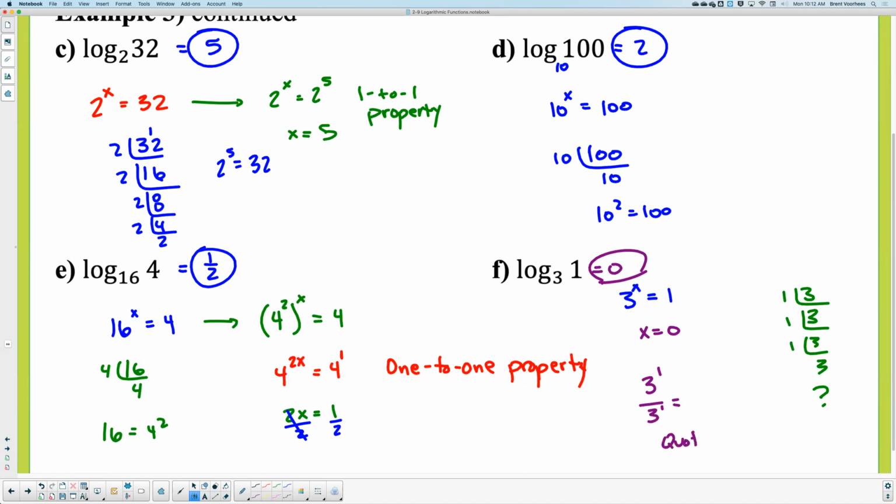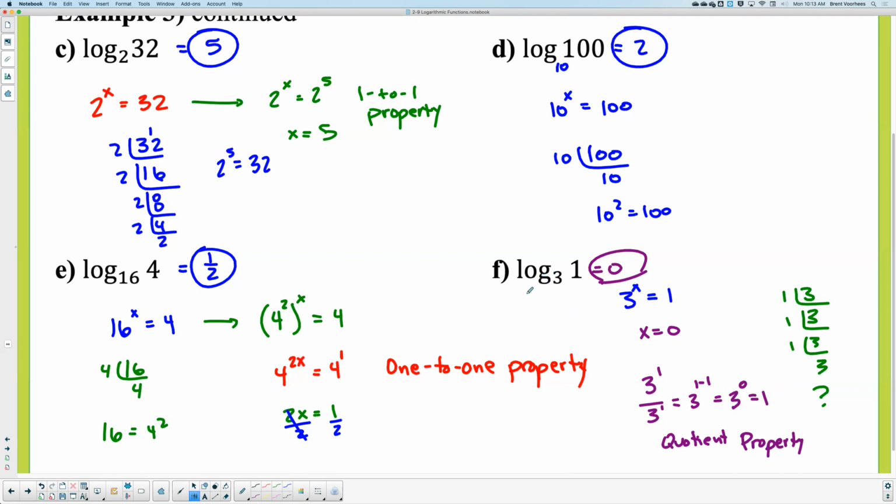You do what's called the quotient property. You subtract exponents. So that'd be 3 to the first minus 3 to the first, which is the same thing as 3 to 0. But come back here. What is 3 divided by 3? 1. And that's the reason why mathematically anything to the power of 0 is 1, because what you're doing is dividing by itself. Anything divided by itself is 1. So the answer here is 0.